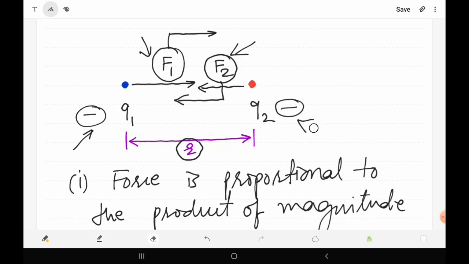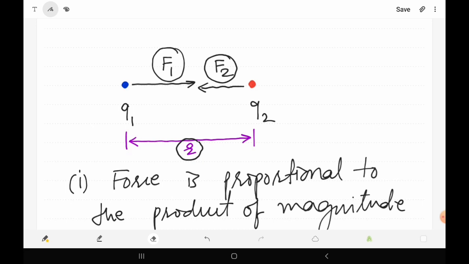Next, let us consider the unlike charges, meaning one charge is positive and the other is negative. What should be the direction? Suppose q1 is negative and q2 is positive. Now F1 will try to attract the q2 charge towards q1. Similarly, because q2 is positive and q1 is negative, the F2 force will try to attract q1.